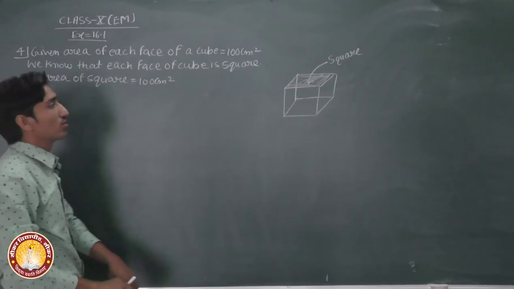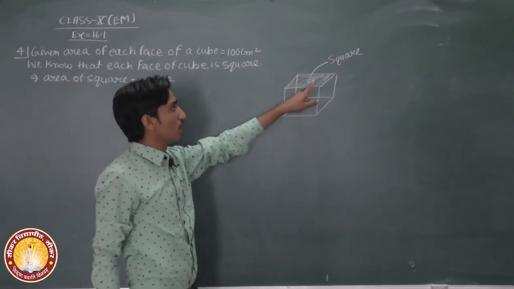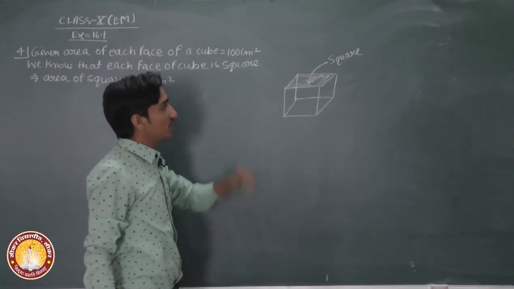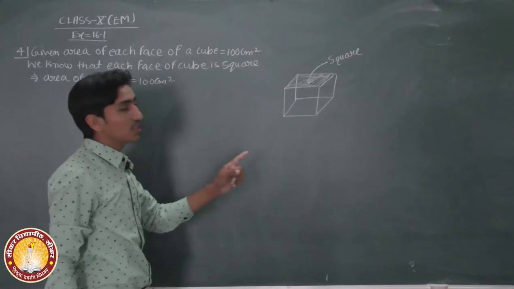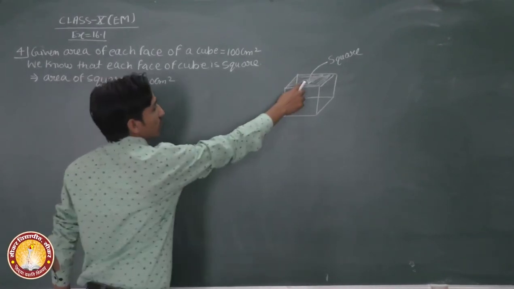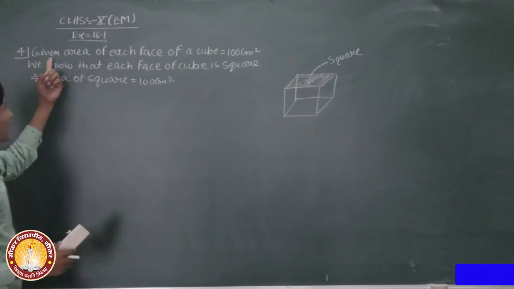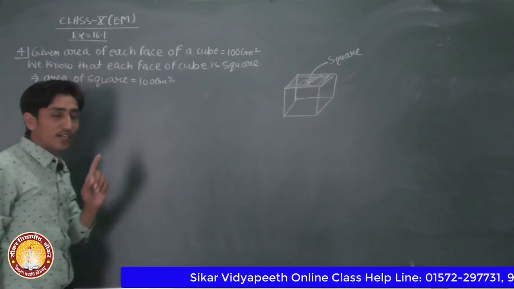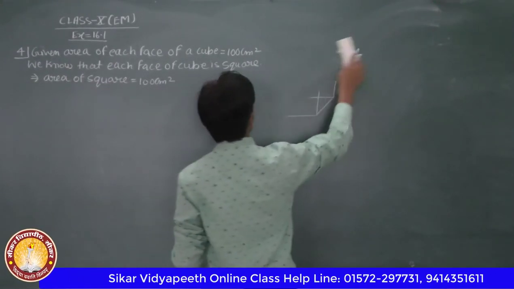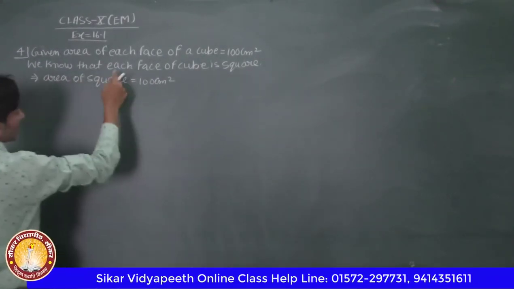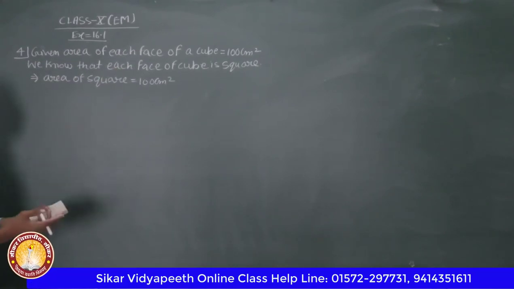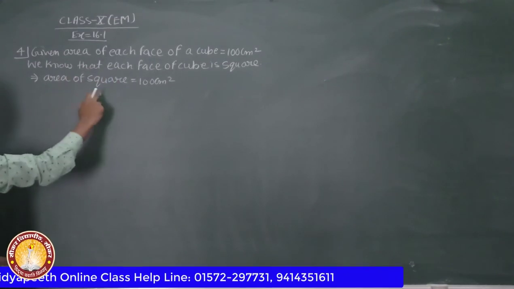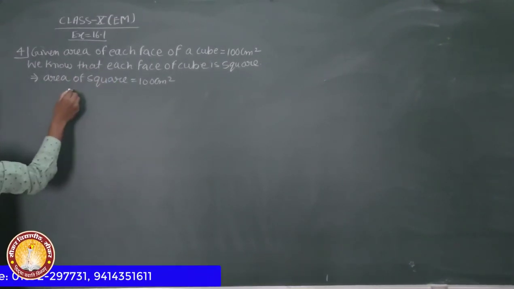So all faces, the 4 walls, base and upper part, are known as faces. So each face of a cube is a square, and the given area of each face of the cube is 100 centimeter square. So the area of the square is equal to 100 centimeter square.